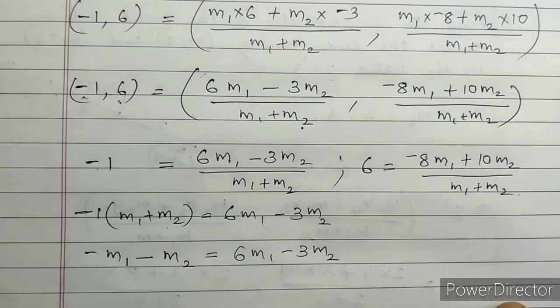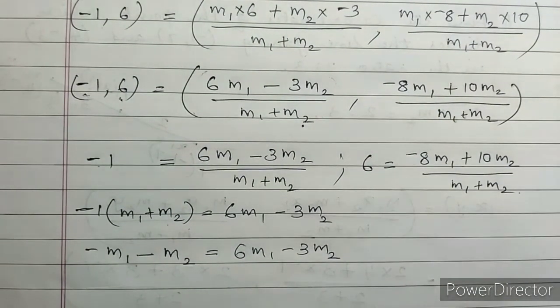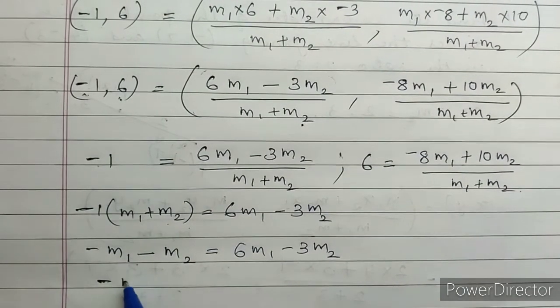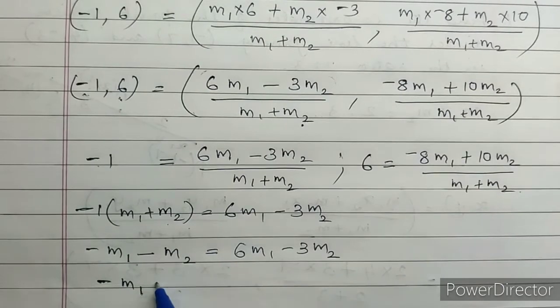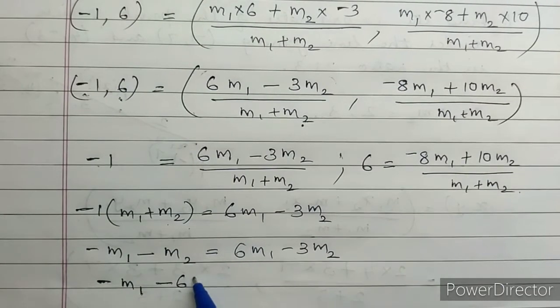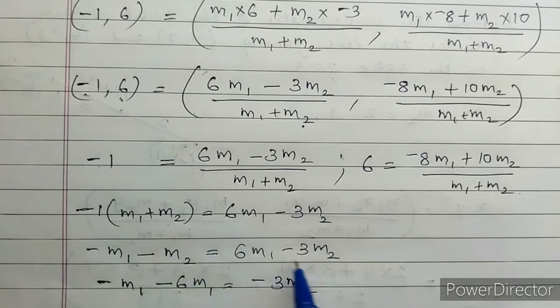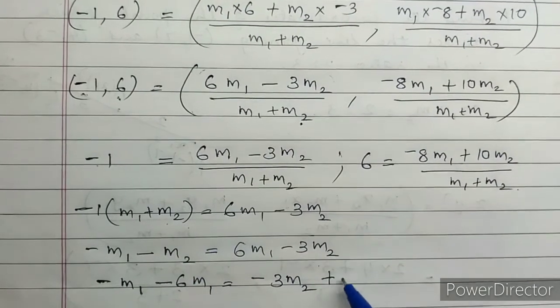Now m1 together and m2 together you can make it. So that is minus m1, this 6 you can bring to the other side, so minus 6 m1 equals minus 3 m2, this minus m2 you can bring to the other side, plus m2.